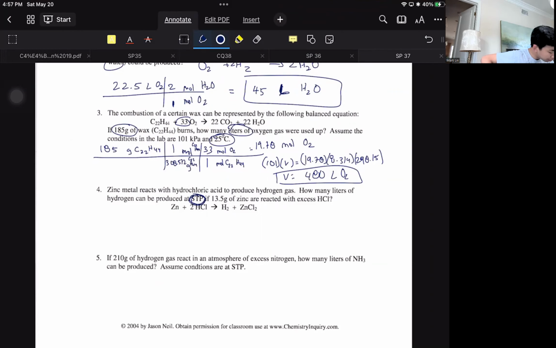So we have to go from grams of zinc to liters of hydrogen. We have 13.5, this is what we start out with, grams of zinc.